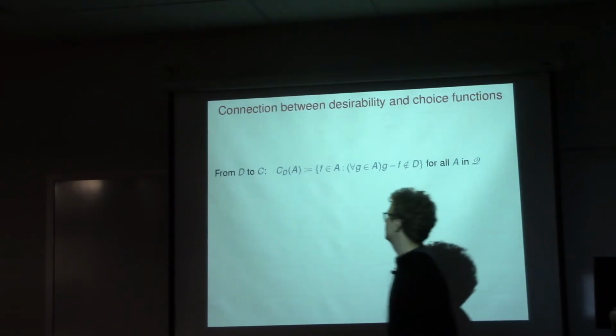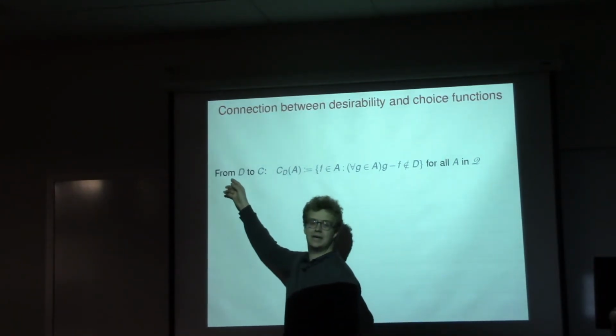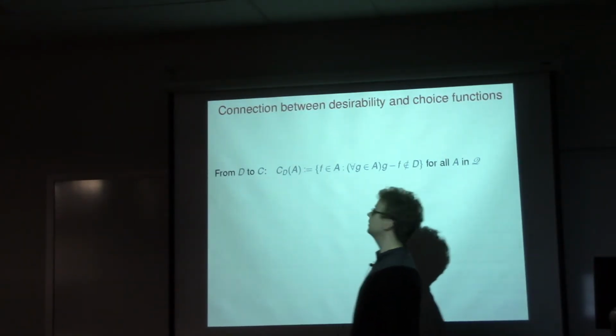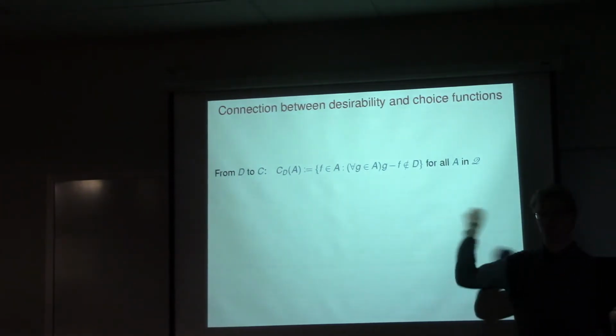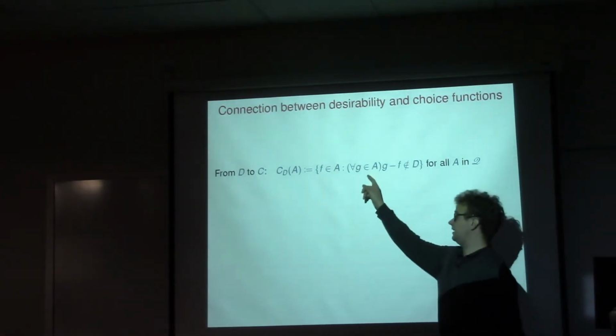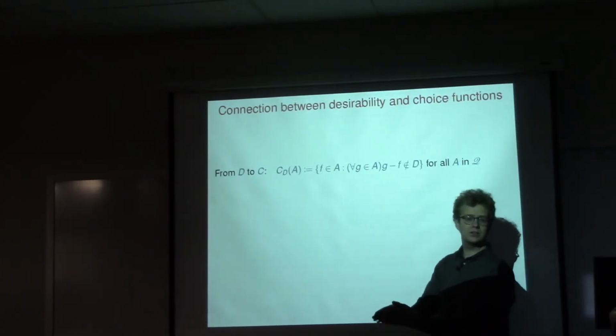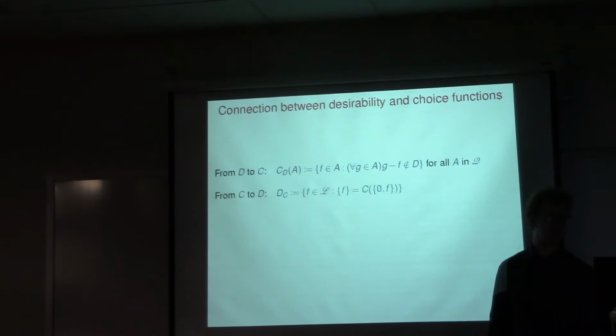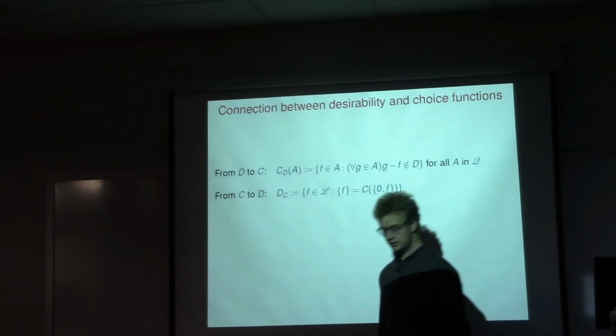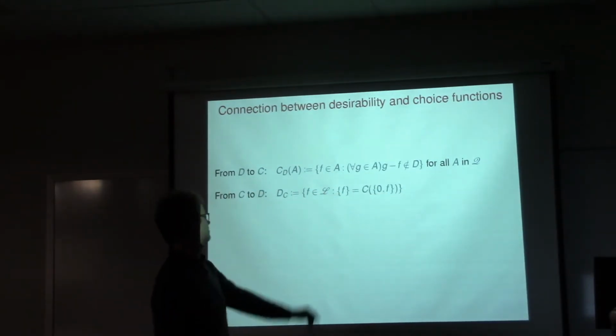So we have seen how we go from a set of desirable gambles to a choice function. This is one-to-many, with this being the unique smallest one. Can we go the other way around? Yes. If I have a choice function, I just look at its binary behavior.